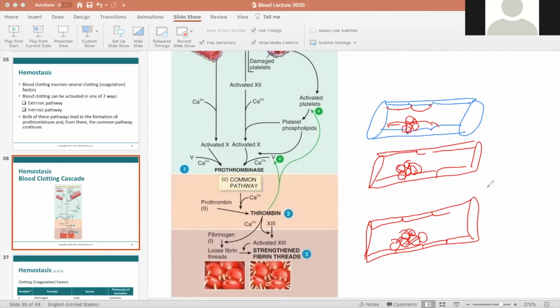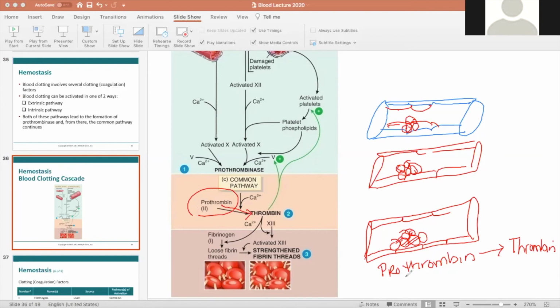So what we need here, let me just reduce this a little bit. We're first going to need, can you guys see if I write down here, we need prothrombin, all right? So here is our prothrombin. And what happens is prothrombin, with the help of calcium, we need calcium there, is going to convert to thrombin.